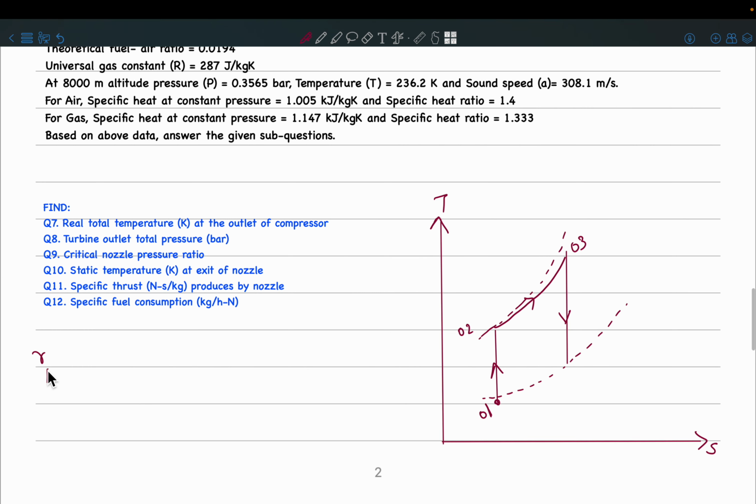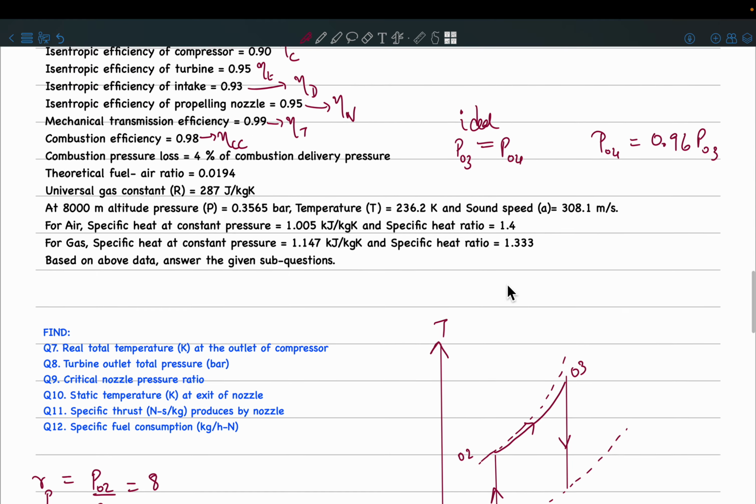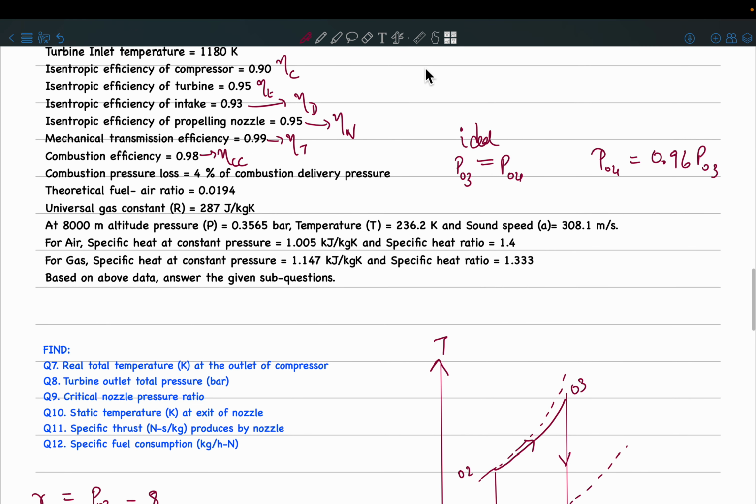So the pressure ratio RP is P02 by P01 over here, and that is 8. In this ideal situation you would have P03 equal to P02, but because we are given a combustion pressure loss of 4%, P03 is basically 0.96 times P02.